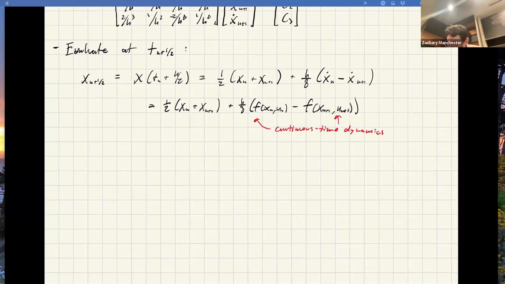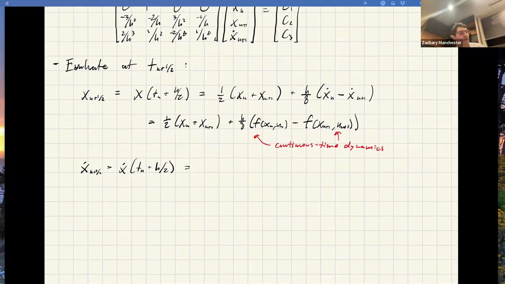Then we're going to do this on the x dots as well. So you've got x dot k plus a half, which is x dot evaluated at t_k plus h over 2. And if I plug this into the matrices and evaluate this interpolated value, I get the following: minus 3 over 2h (x_k minus x_{k+1}), minus 1/4 (x dot k plus x dot k+1).